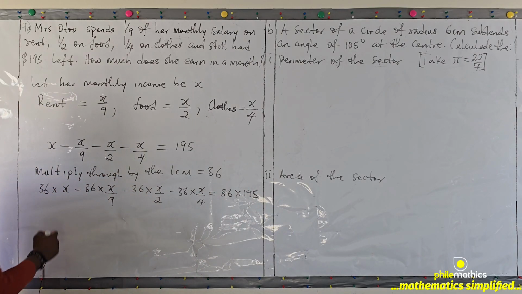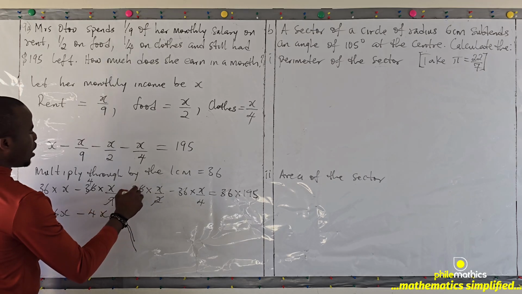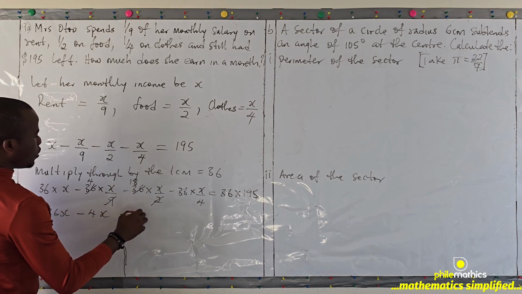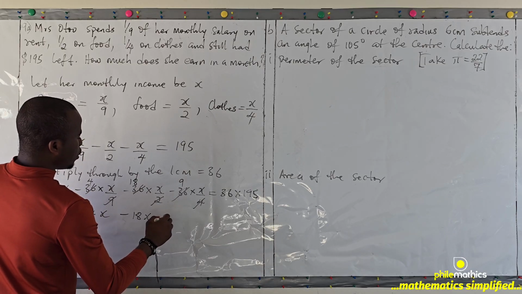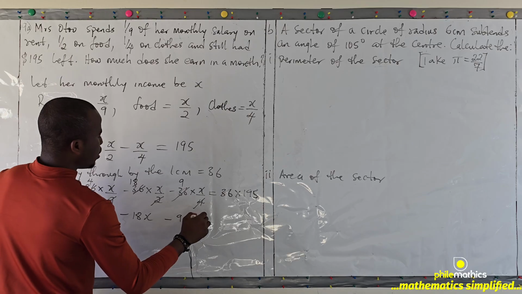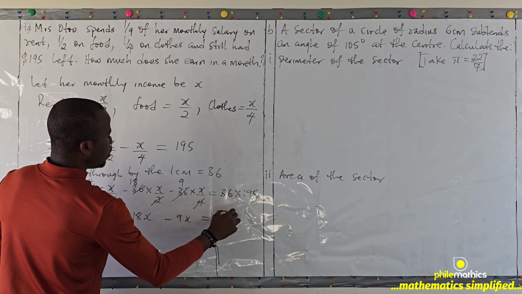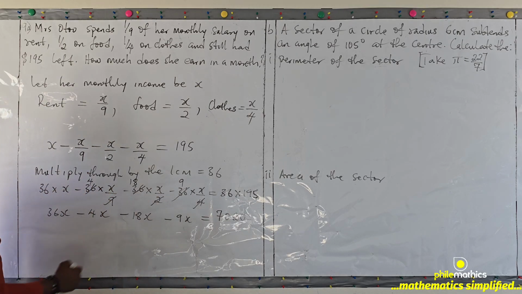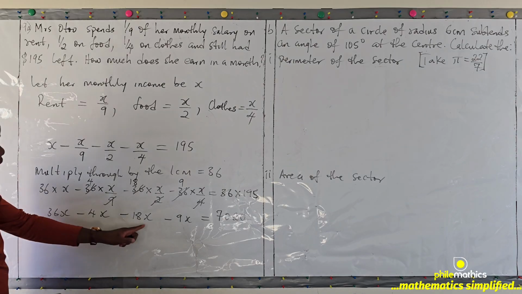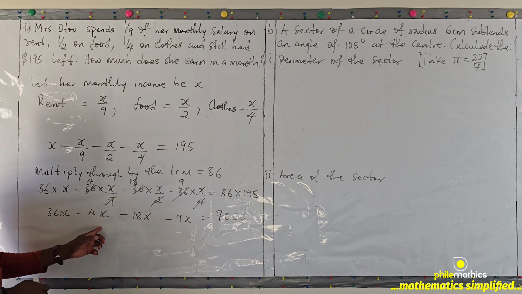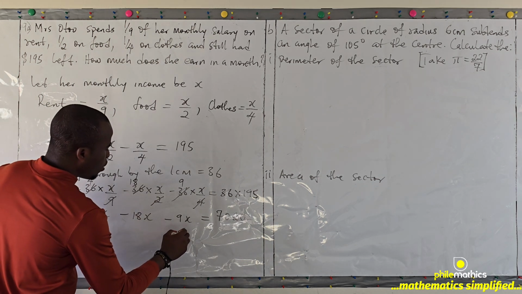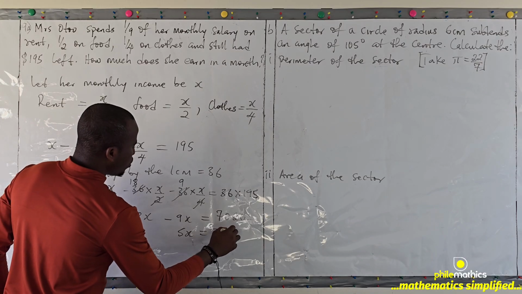And so this will be 36x. 9 into 36 is 4, so this will be minus 4x. 2 into 36 is 18, so this will be minus 18x. 4 into 36 is 9, so this will be minus 9x, equal to 7020. If you compute that, 36x minus 18x is 18x, minus 9x is 9x, minus 4x is 5x. So we have 5x equals 7020.